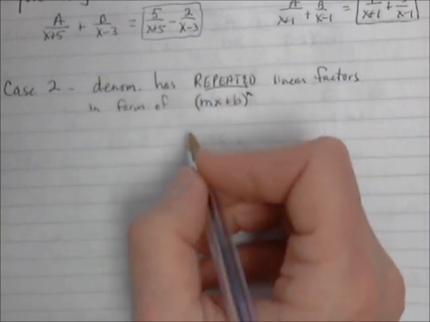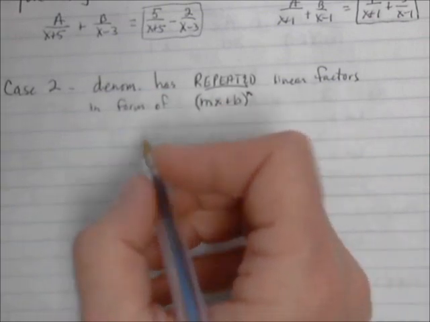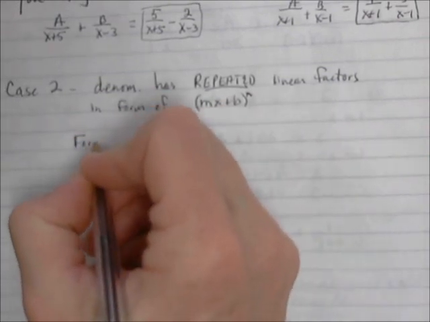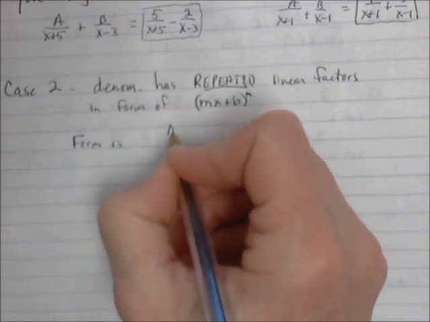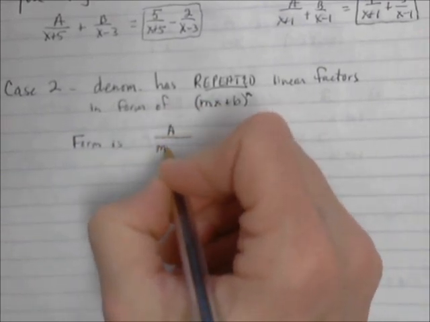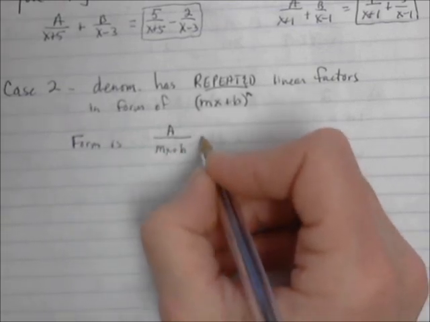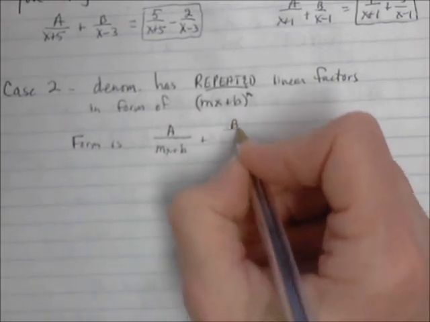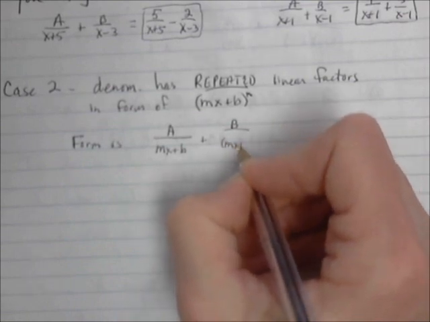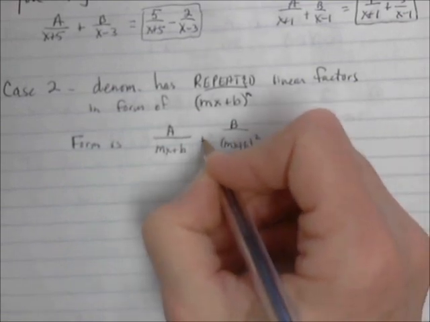So how you split that out into partial fraction decomp, the form is, first of all, you put the letter a over the mx plus b, whatever that is, raised to the first power. And then you put the letter b over mx plus b raised to the second power.